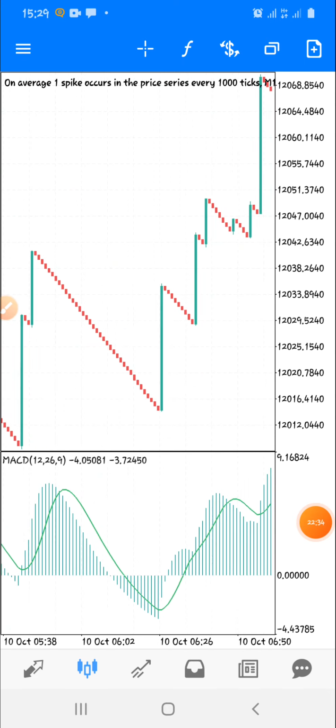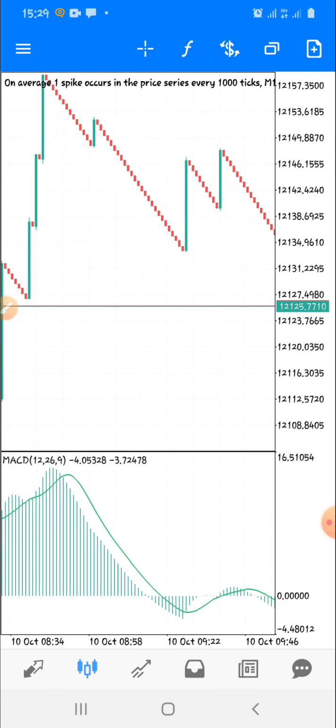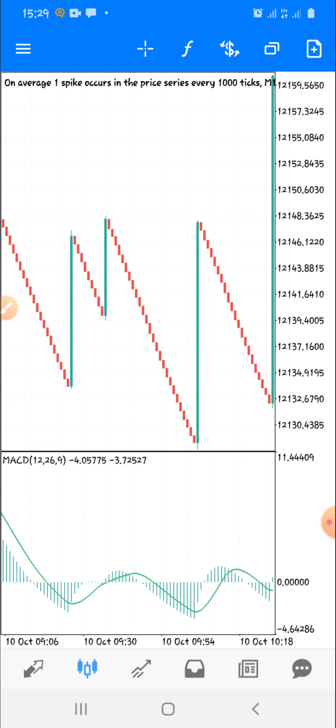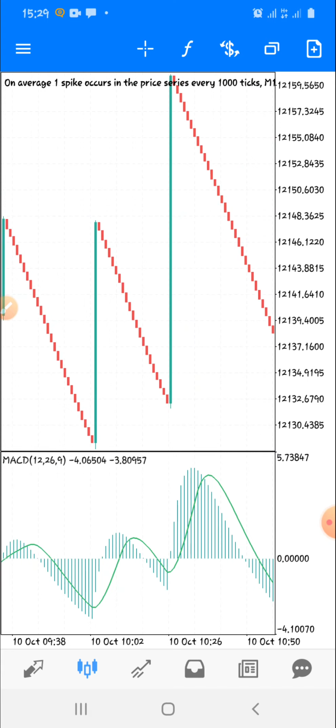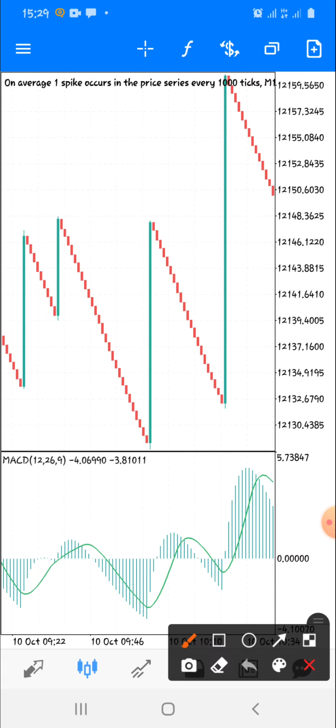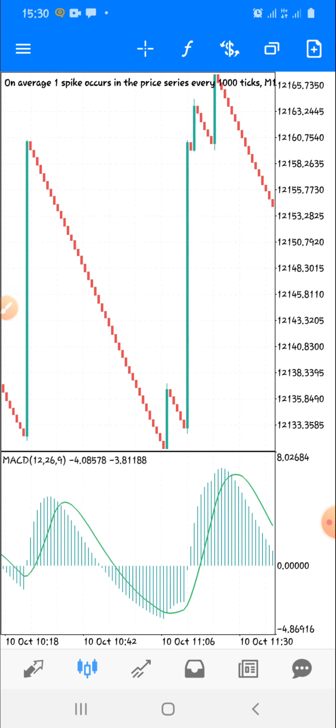So here, sometimes it happens that if you connect the lines here, for instance, and you connect the lines here, let's use this example.